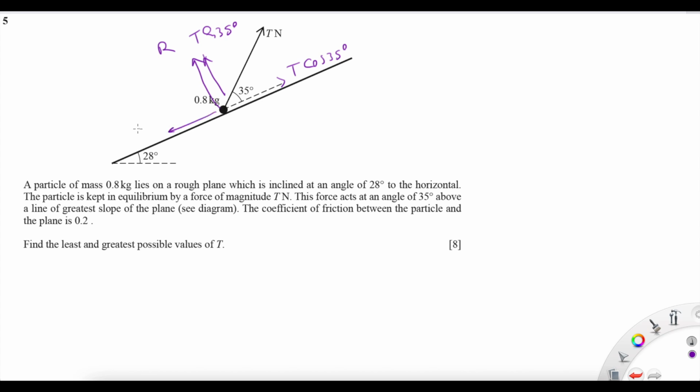Downwards we have mg sine 28 degrees, and we have also friction. Then I will decide about the friction. Here we have mg, and here we have mg cosine of 28.